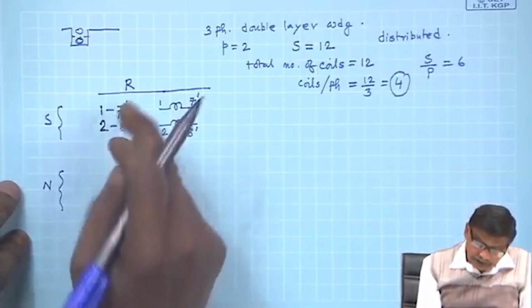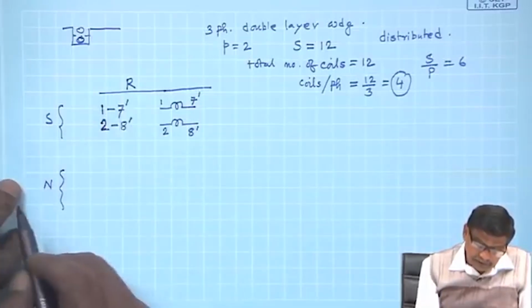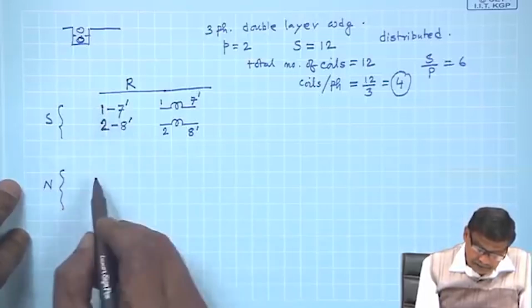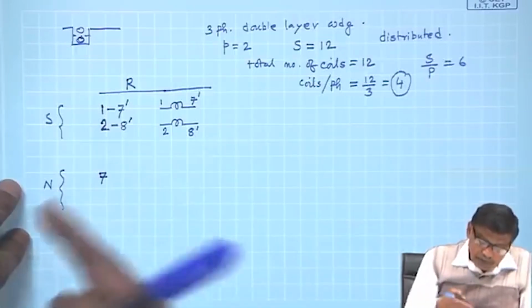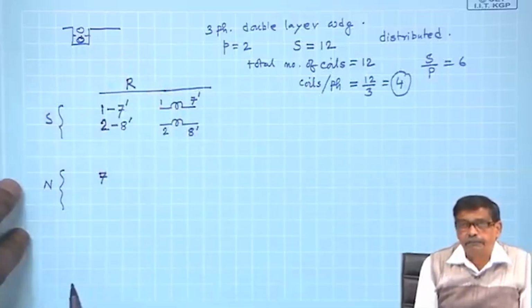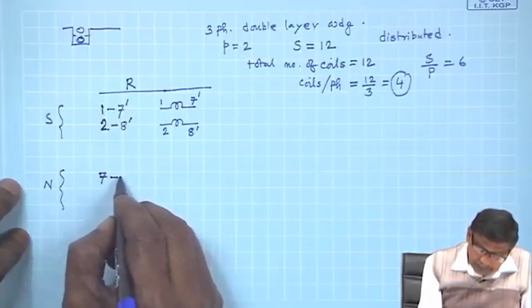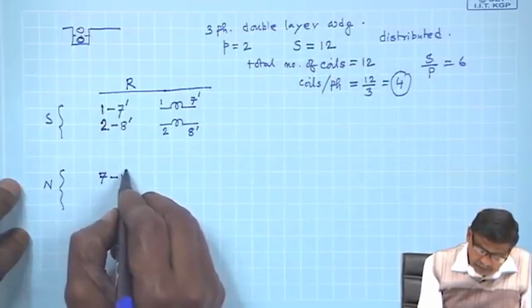Now, therefore, starting of the second group of coils of R phase will be from this slot 1 plus 6, 7, and that is the start of the second group first coil of R phase. And then this will be 7 plus 6, 13 dashed, but 13 dashed is nothing but 1 dashed.